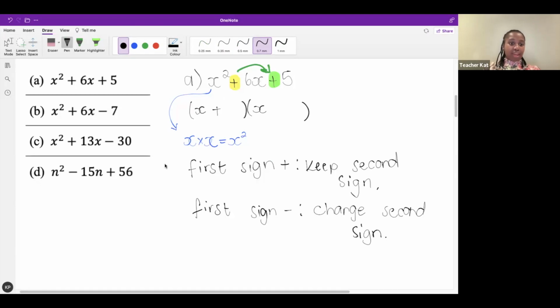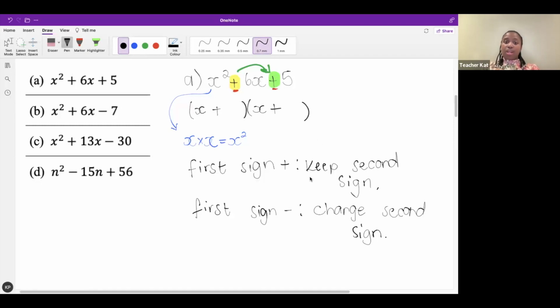Listen, guys, keep the second sign. What is the second sign? We have established that the first one is a positive. The second one is a positive. So if I am keeping it, that means my second bracket will also have a positive. Right, guys, you need to listen to the question and not just answer.